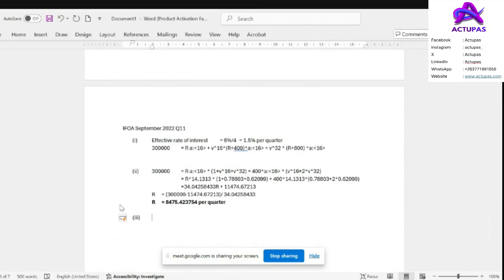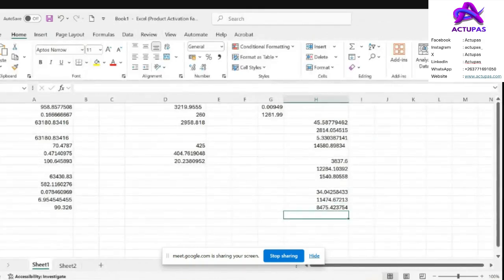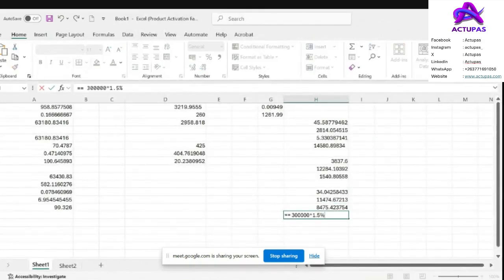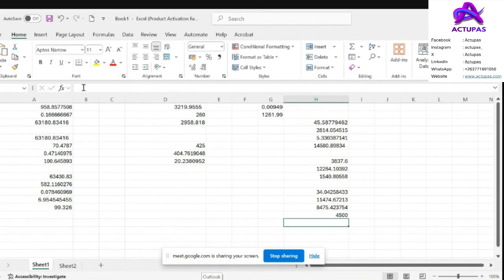The interest component of the first installment will then just be 300,000 by 1.5%. So our interest is equal to 300,000 by 1.5%, which is 4,500.